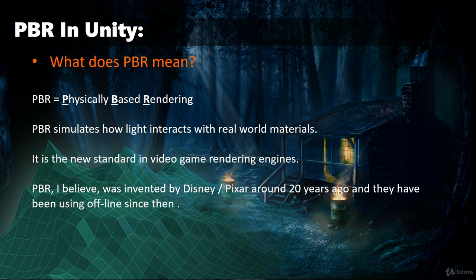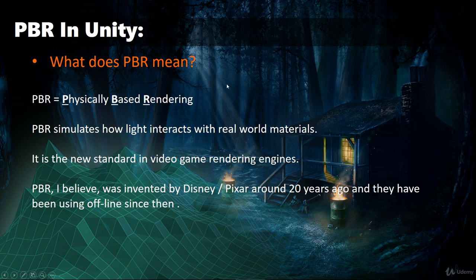But with PBR, once you've set up a material, if you set up gold, for example, gold is always gold in PBR, no matter what lighting, and it'll render correctly no matter what lighting model is used. That's the beauty of PBR. You set it up once and it's done. You don't have to keep changing it. You can if you want to, but it'll be true to how it is in the real world.